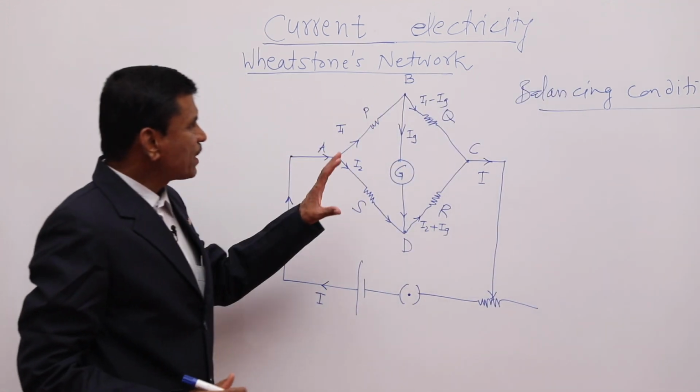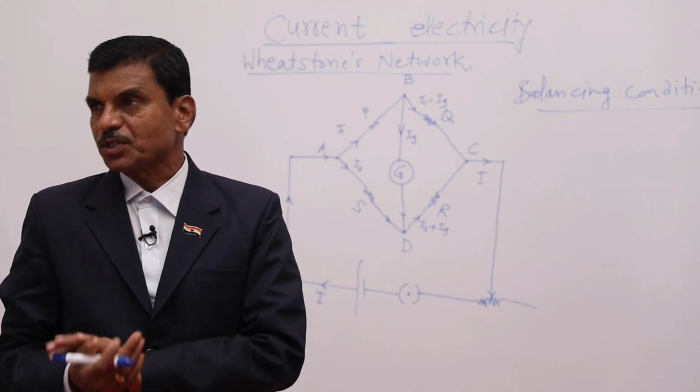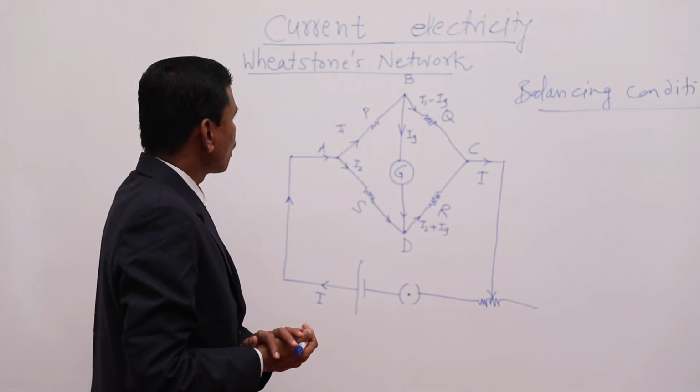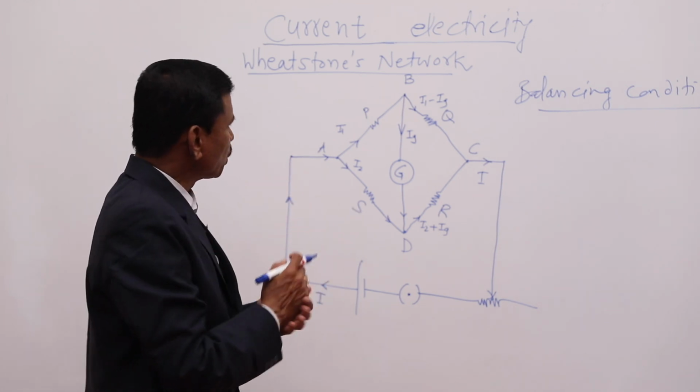See, for finding the balancing condition, we will use Kirchhoff's laws on the network, and for that purpose I am choosing a closed path. There are many closed loops.